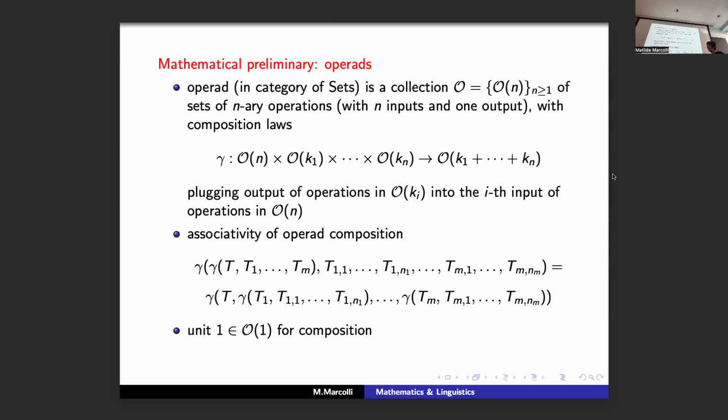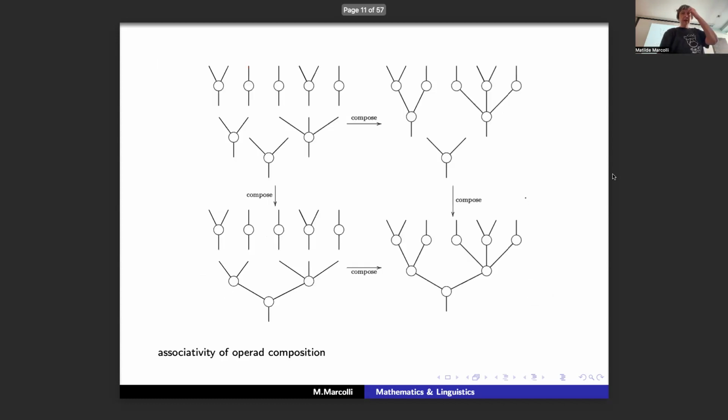And also one requires that this set with n equal to 1 contains a unit for composition. Right? It's acting as the identity for composition. So this associativity is actually easy to look at, what it means just graphically, right?